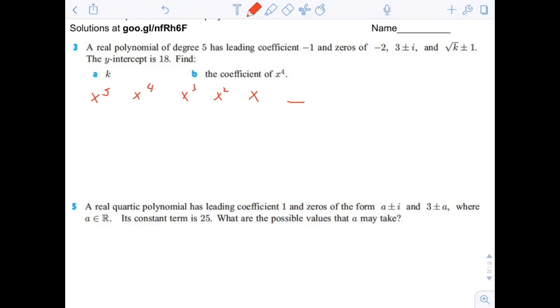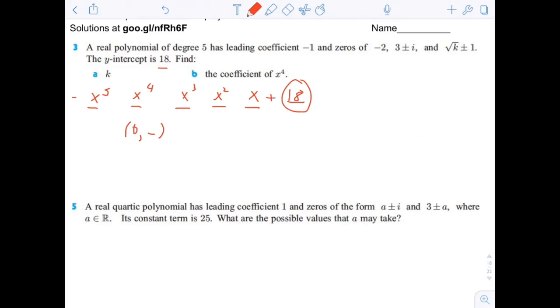It's the y-intercept, because the y-intercept has coordinates 0, comma something. If I put 0 in for x, all of these terms become 0, and the only thing left over is the last term, the constant, which is also the y-intercept. They tell us the y-intercept is 18, so we know that the last term is plus 18.